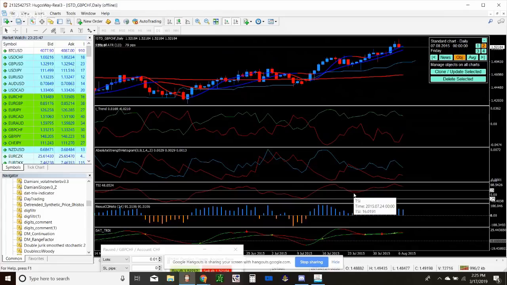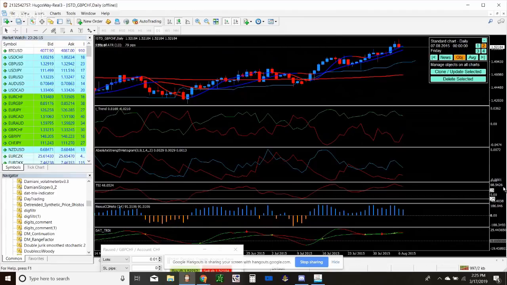Now, RSI is used wrong by a lot of people. The point of RSI is not for overbought and oversold levels. RSI is a trend strength indicator, which is exactly what TSI means, but RSI means relative strength indicator. So RSI and TSI aren't necessarily telling us overbought and oversold. They're telling us the strength of a trend.